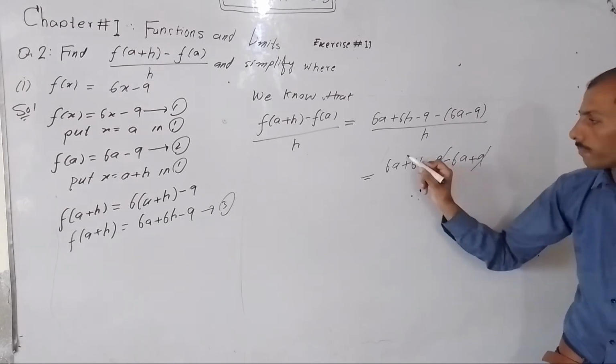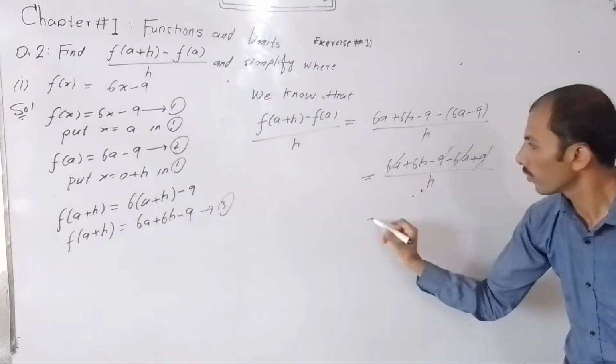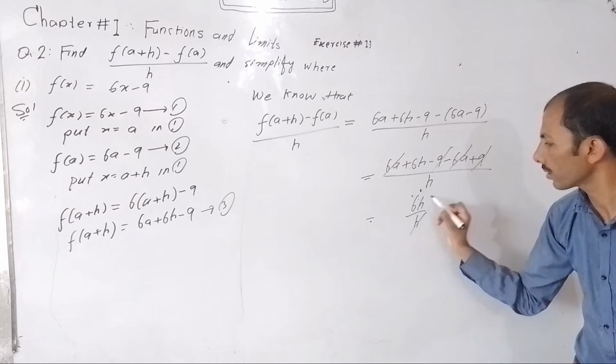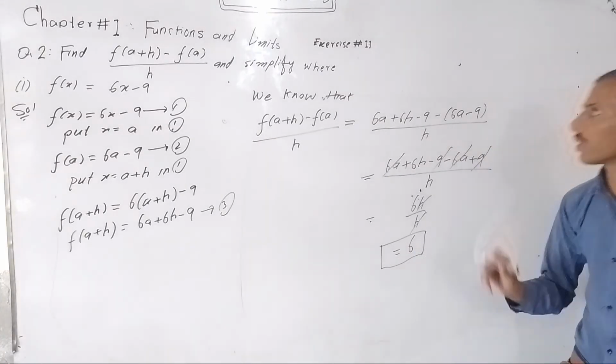Minus 9 and plus 9 cancel, plus 6a minus 6a cancel. So 6h divided by h, h cancels, is equal to 6, which is the required solution.